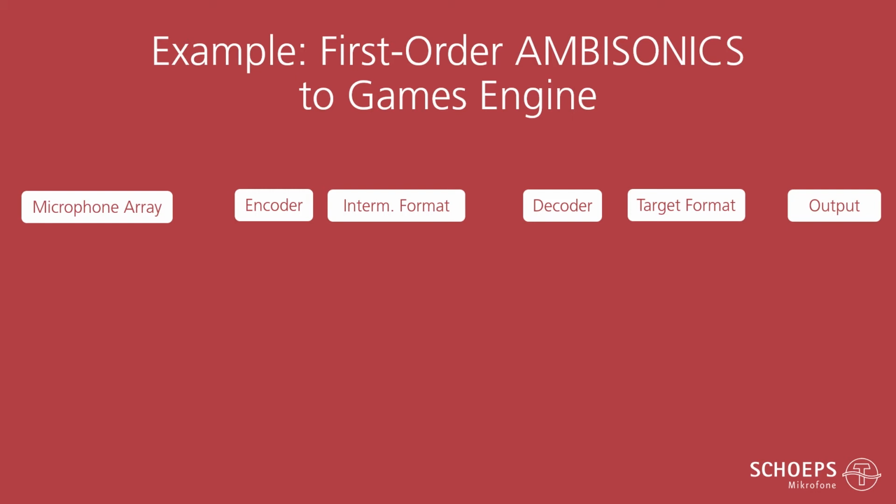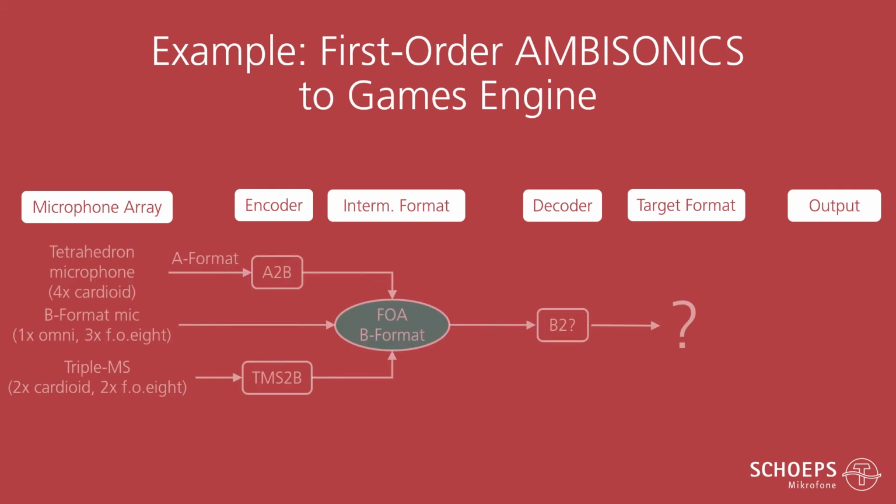So on the left side, we have the microphone array. Now, we can have three different ones here. There's the tetrahedron microphone, which a lot of companies sell. It's 4 capsules that are shaped in a symmetric way.